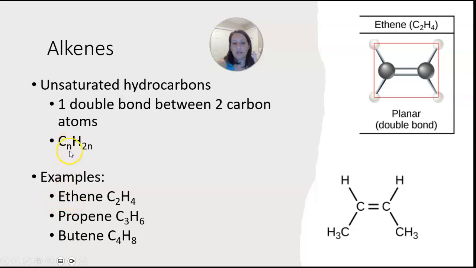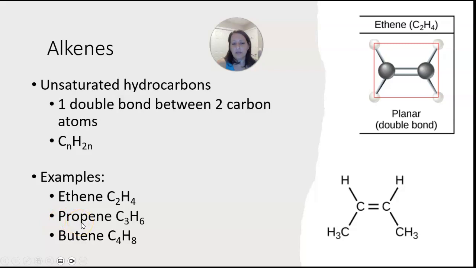We plug that 2 into here, N equals 2. And so the formula for ethene is C2H4. And here is the structure of ethene here. So again, we have 2 carbons double bonded to each other, and then each carbon is bonded to 2 hydrogens as well.